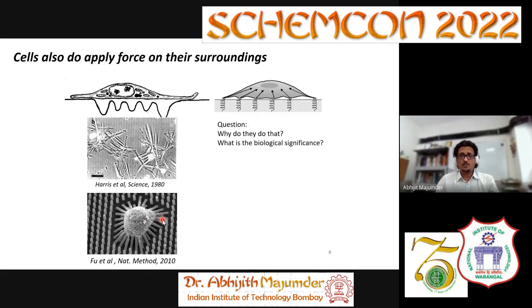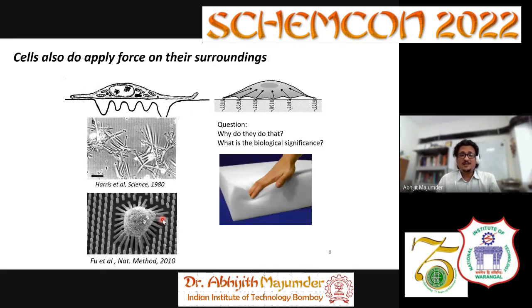Why do they do that? What is the biological significance? They basically apply the force on their surroundings the way we apply force on our surroundings, for the same reason, that is to estimate the stiffness, how stiff the surrounding is. If the surrounding is stiff, then when they apply force, things will not deform much.